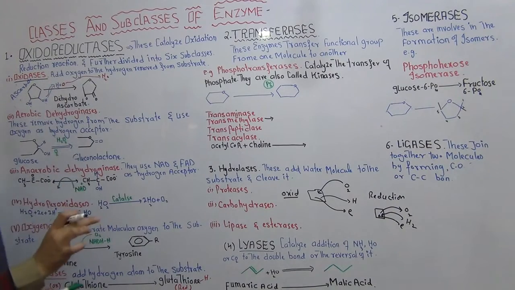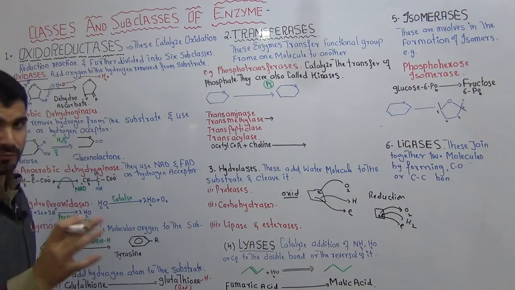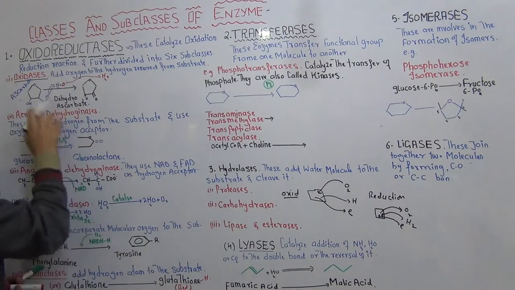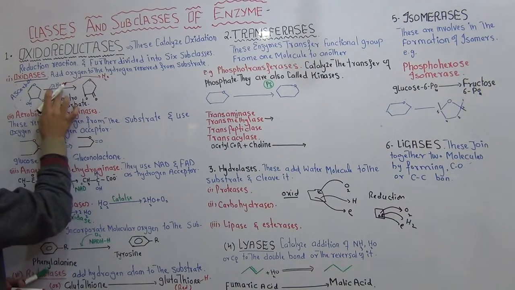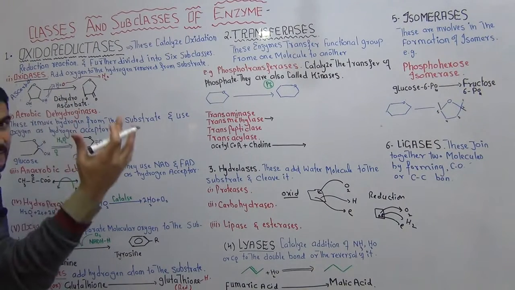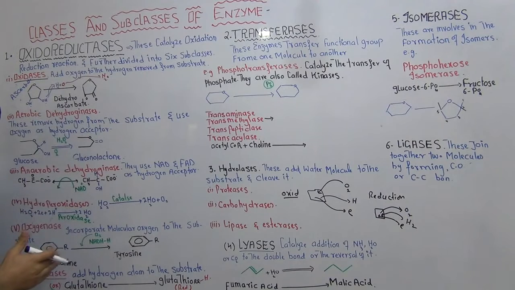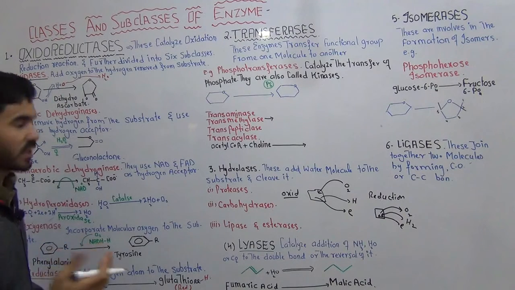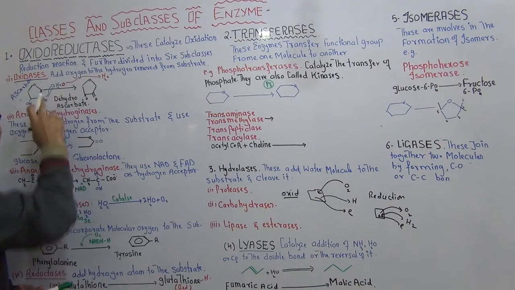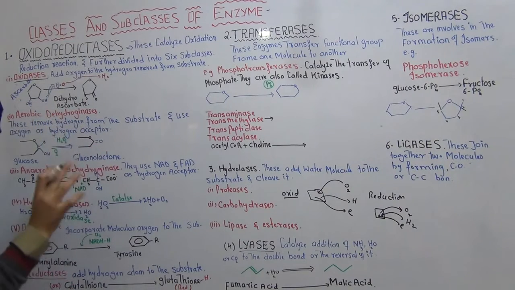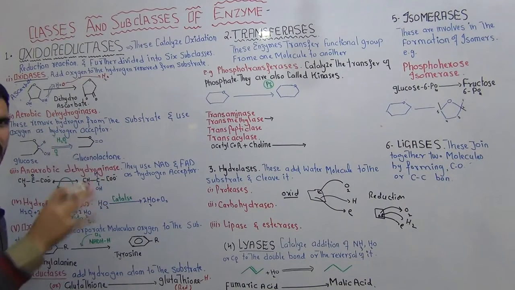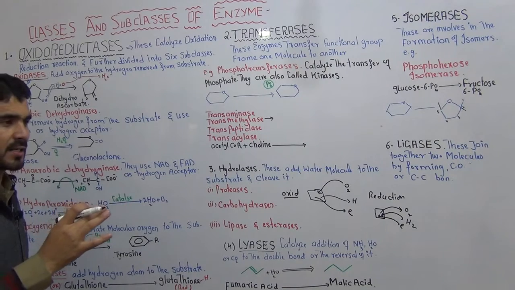You must remove your confusion by memorizing the mechanism of the oxidases, because when you go further you will get some confusion if you are not clear here. You should focus: did some kind of oxidation-reduction take place here?